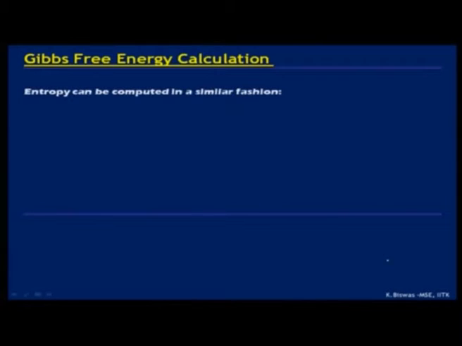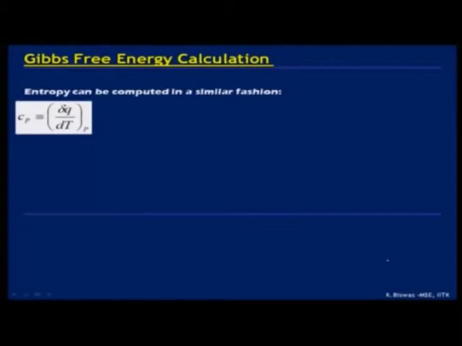So now what is the entropy? Entropy is a thermodynamical parameter. I will discuss in detail what its meaning is, but let me tell you what the mathematical term is. Again I can write down the Cp equation. Cp is equal to del Q by dT at constant pressure. So therefore I can write del Q is Cp dT. Also the second law of thermodynamics tells me that dS is equal to del Q by T for a reversible process.